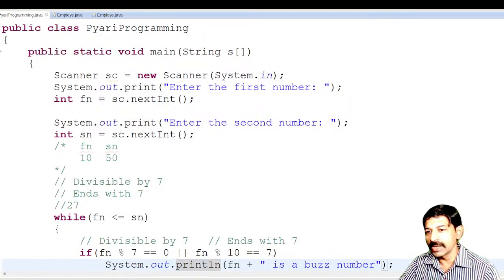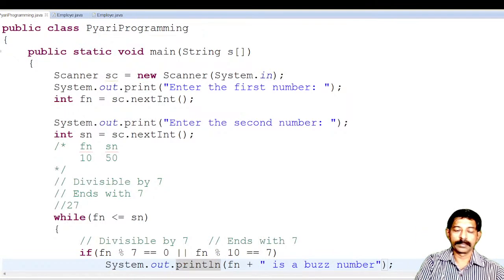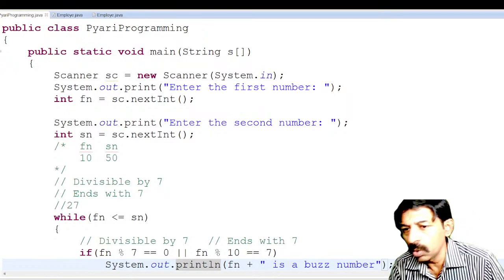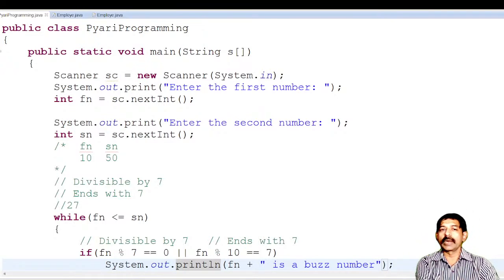Now what is the missing statement in the code, which will not give me the correct result and will make it an infinite loop? Now it will be an infinite loop.